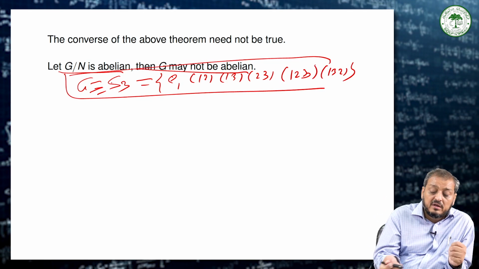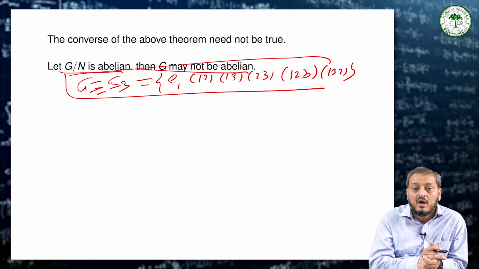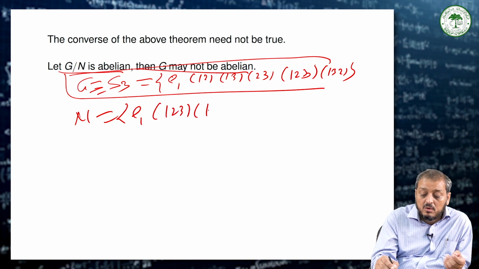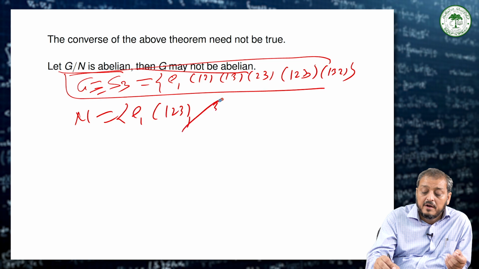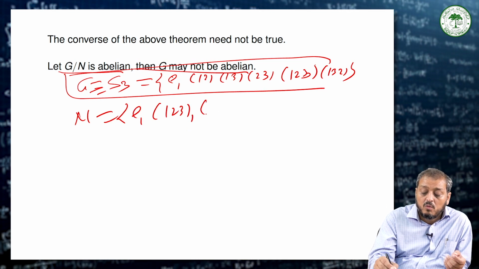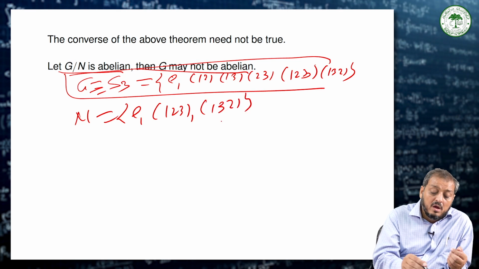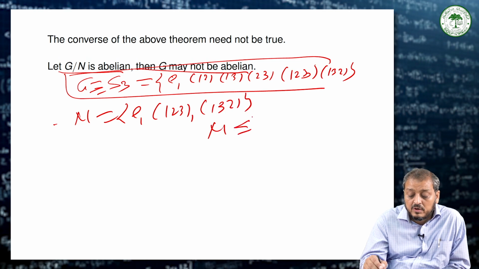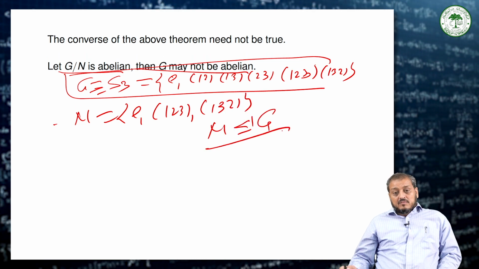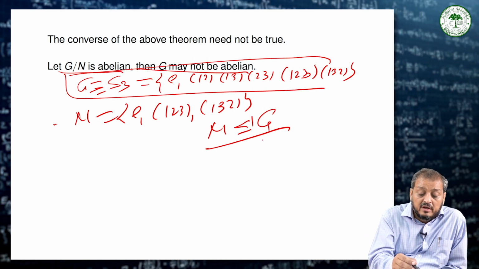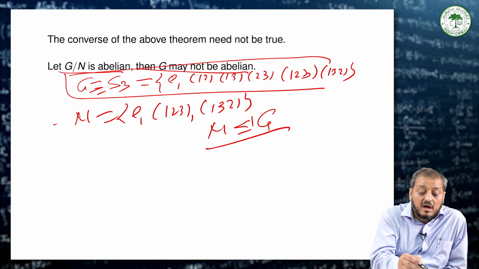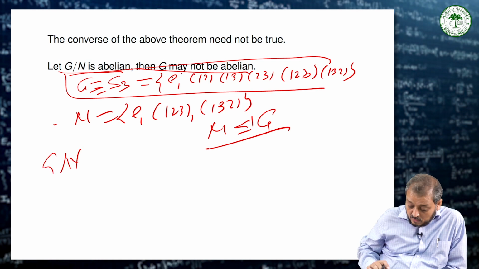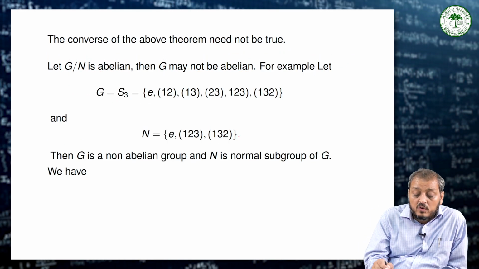Now we show that there exists a normal subgroup. We take N equal to the identity, (1 2 3), and (1 3 2), and now you can check this easily. Clearly, as we showed in the last class, N is normal in G. And now if N is normal in G, then we have to calculate the cosets of G/N.